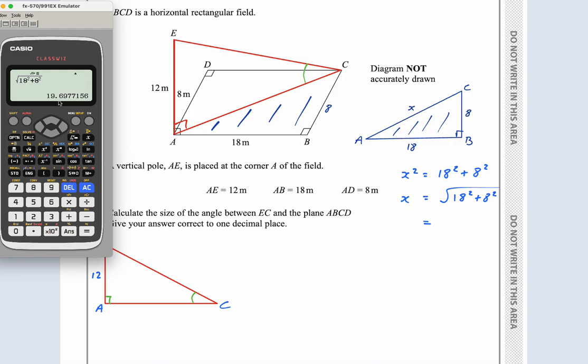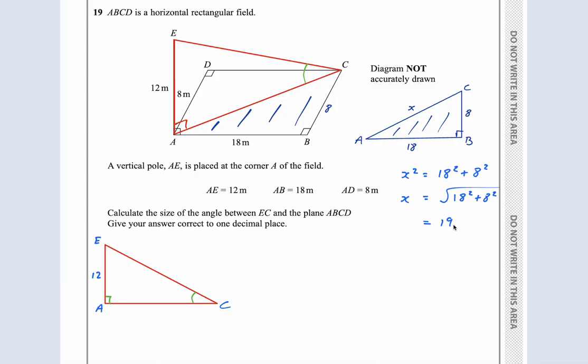Let's just go with a decimal, 19.698. Okay, so that's the length AC. So that means this length here is 19.698.